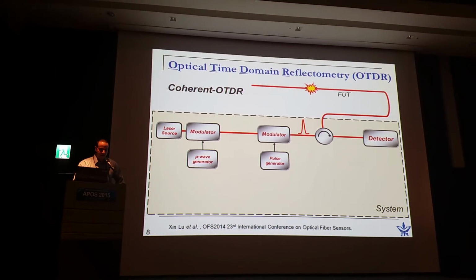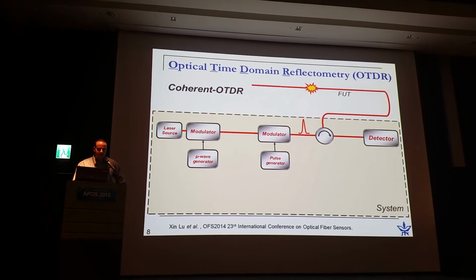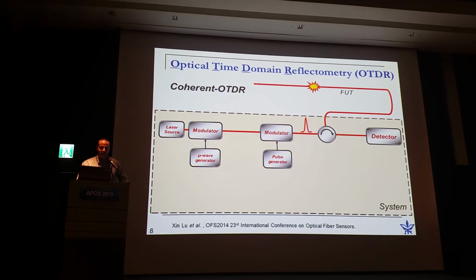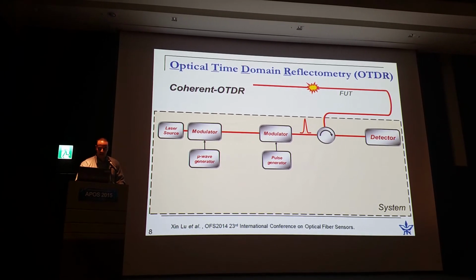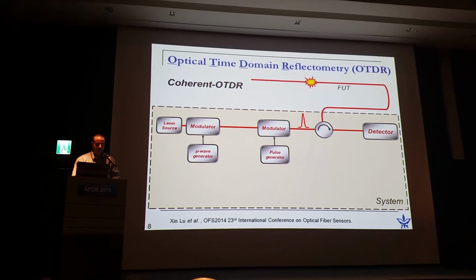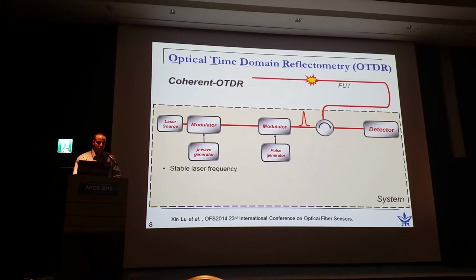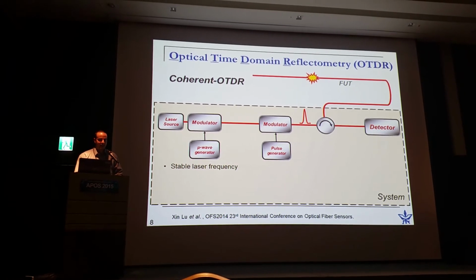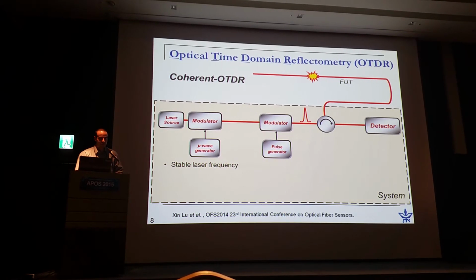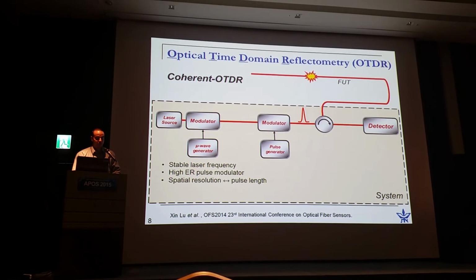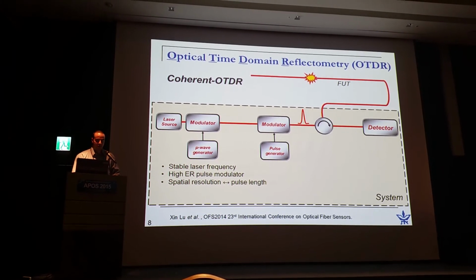The simplest system in concept for acquiring this Rayleigh spectrum and making sensing is optical time domain reflectometry. In coherent optical time domain reflectometry, we scan the frequency step by step, which requires a stable laser frequency. Then we shape a pulse, which requires a high extinction ratio pulse modulator.